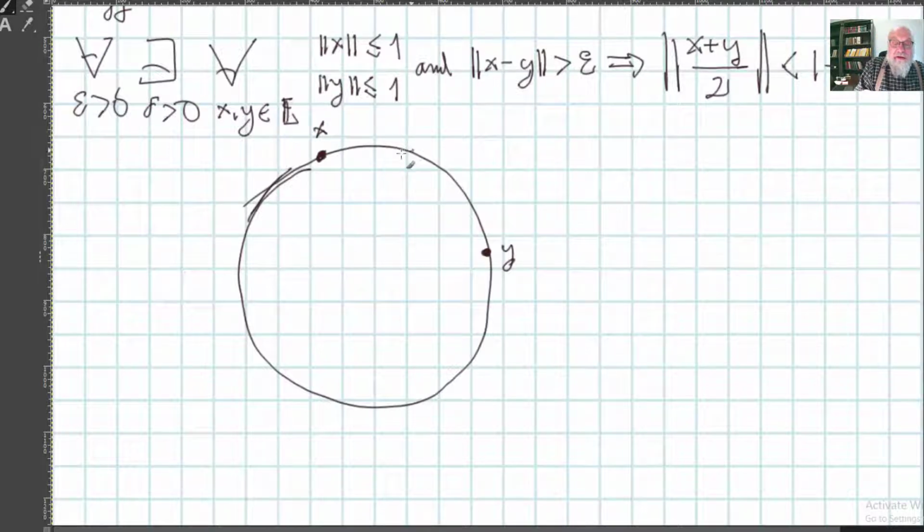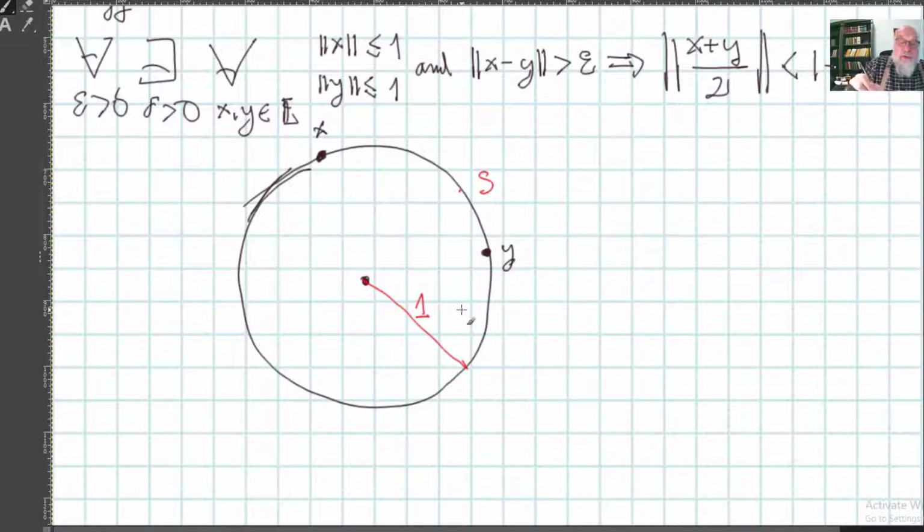So this is denoting the sphere, this is our S, the center is here, and the radius is equal to 1.